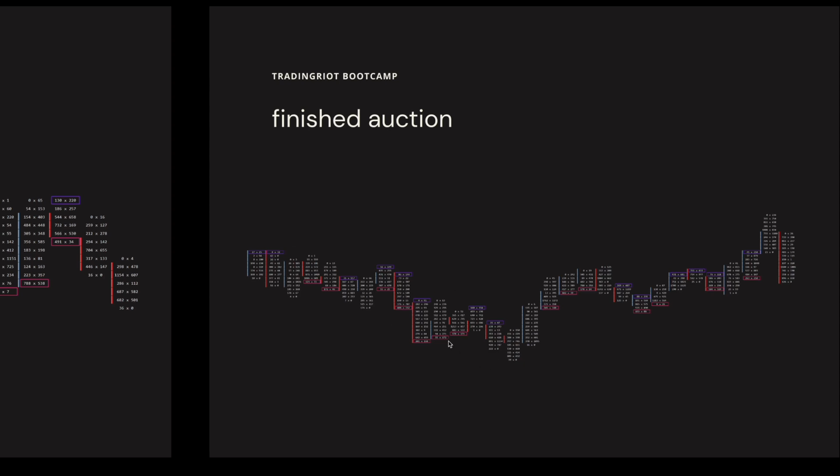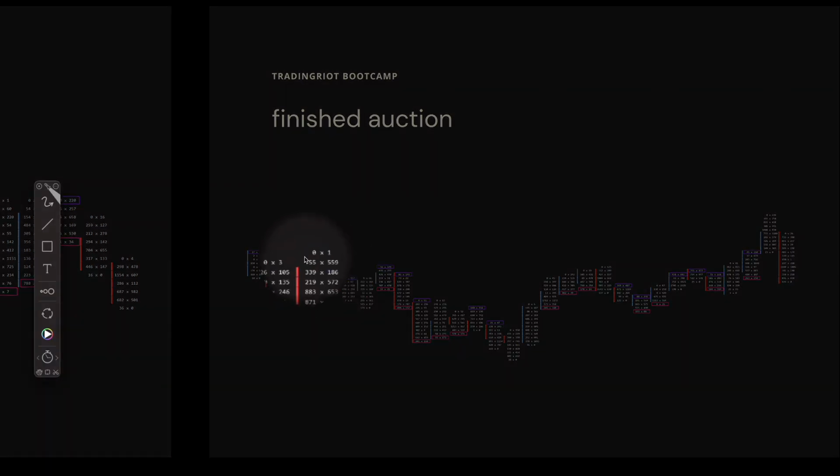You can see these are just your intraday levels that might get revisited in the future. One of my favorite ones is something like this. Okay, you have 55 to 559 at one price, then market upticks, and only one contract is bought at the top.